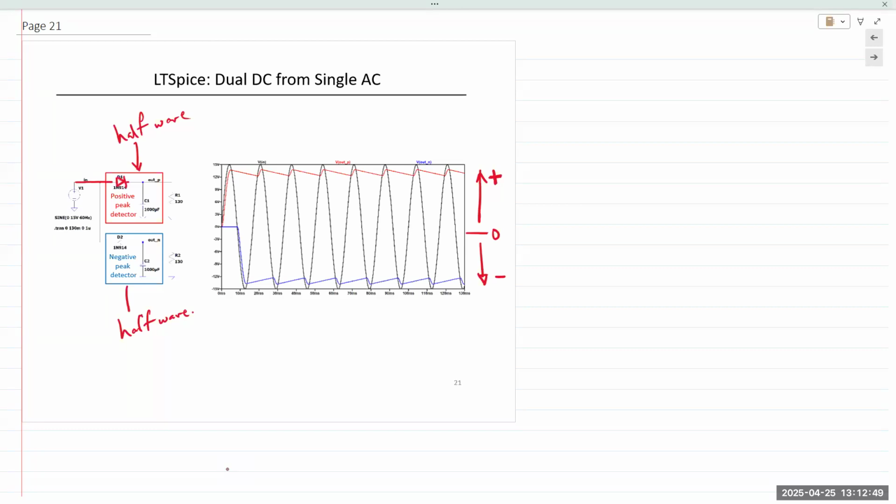The diode for the first one, positive, is facing towards the right. That's your load resistor. And then the same line goes to another diode that faces to the left.